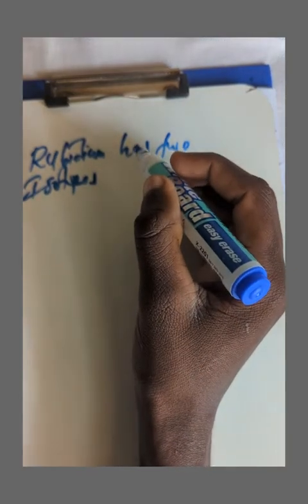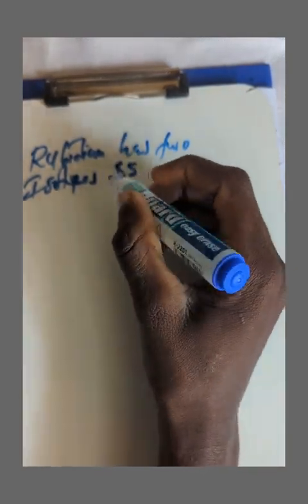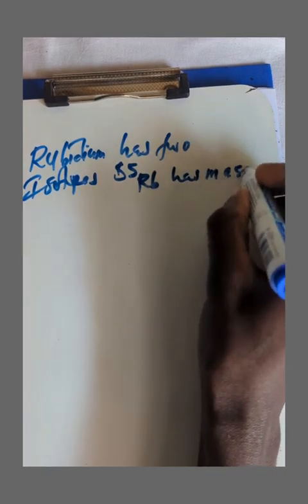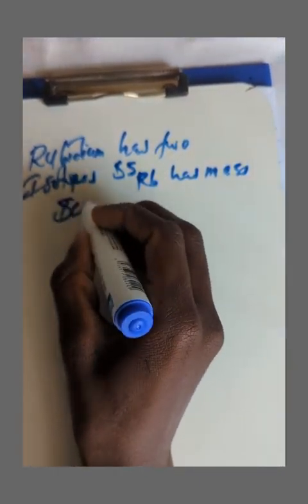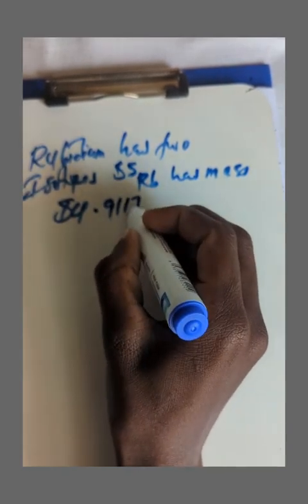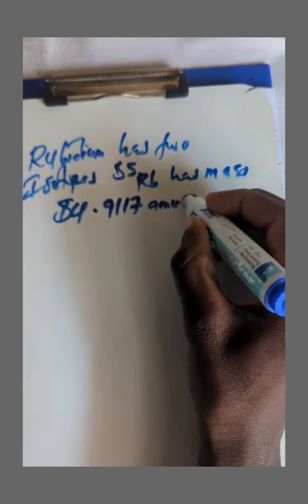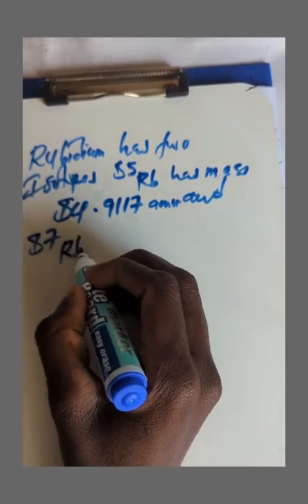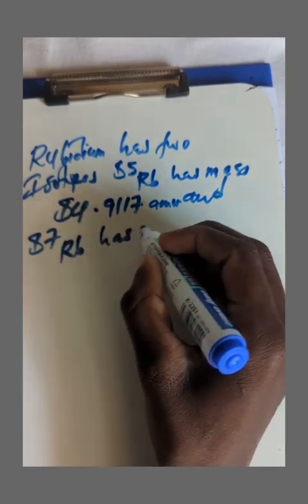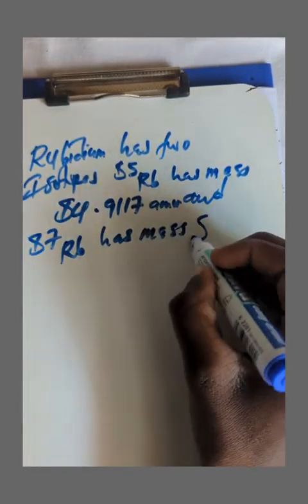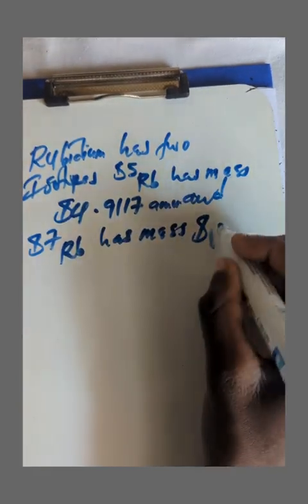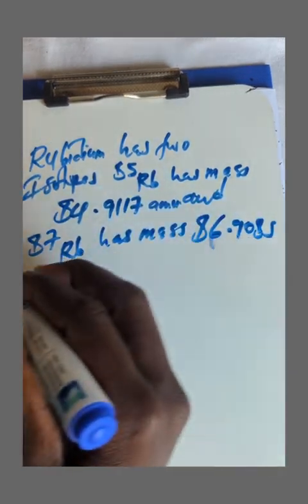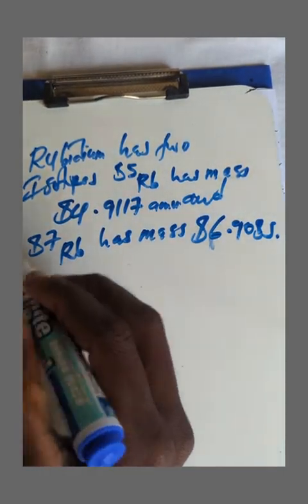We have 85Rb, which has a mass of 84.9117 atomic mass units, and 87Rb, which has a mass of 86.9085 atomic mass units.